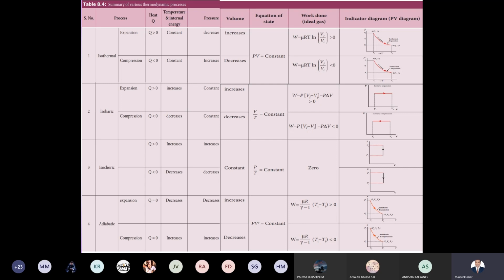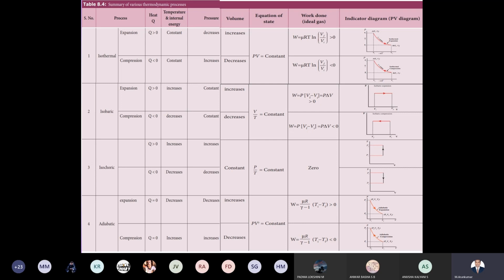From that equation, we have derived the equation of state for all processes. If it is an isothermal process, the temperature is constant. So in PV equal to mu RT, T is available, so the temperature is constant. So we can get PV equal to constant. So this is the equation of state of an isothermal process.